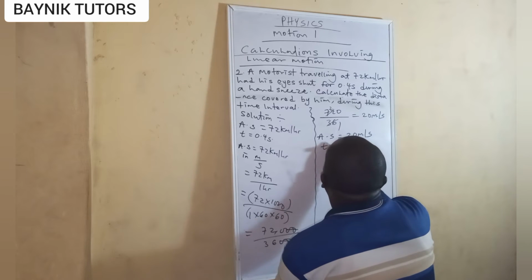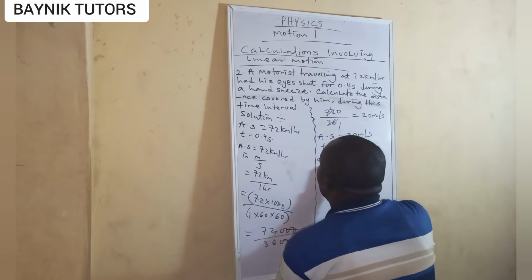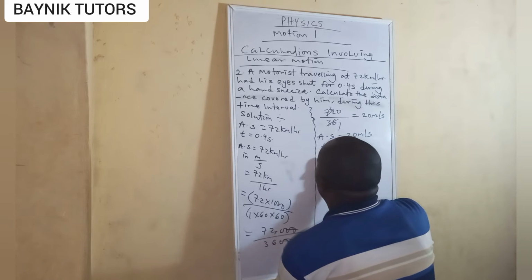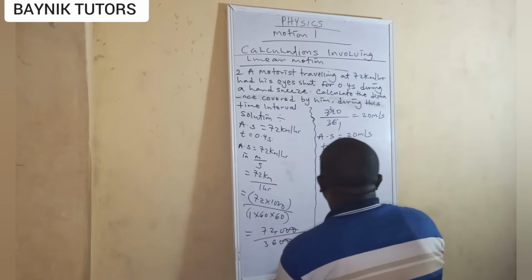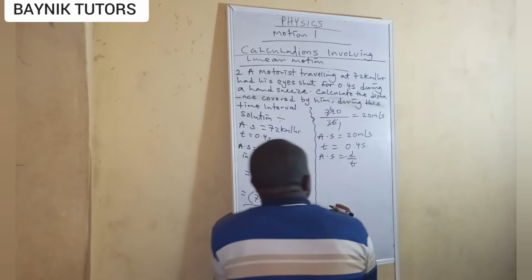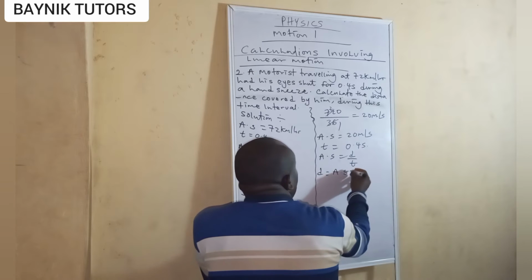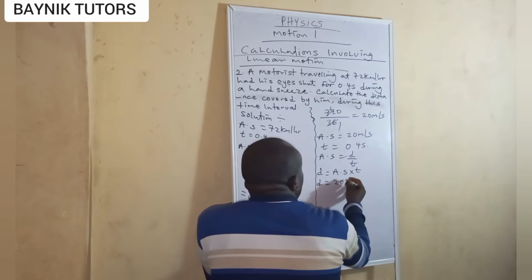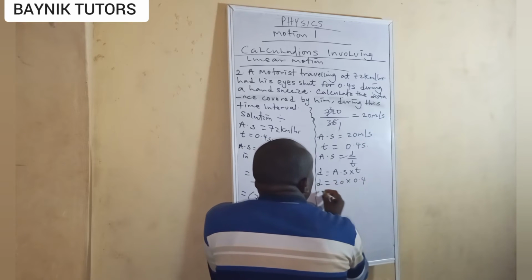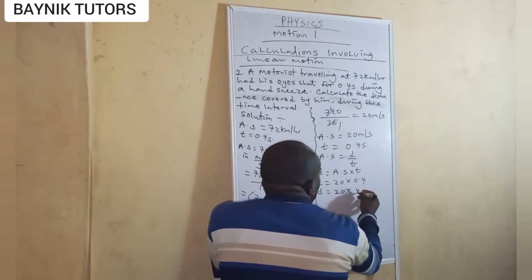So since our time is 0.4 seconds, we can now say D, our average speed is distance over time. So D is average speed times time. So D is now 20 times 0.4, because in the real sense 0.4 is 4 over 10.